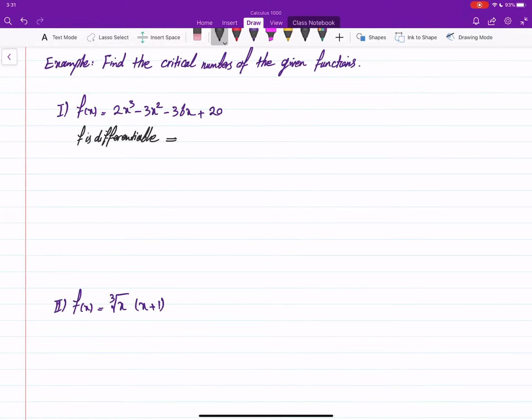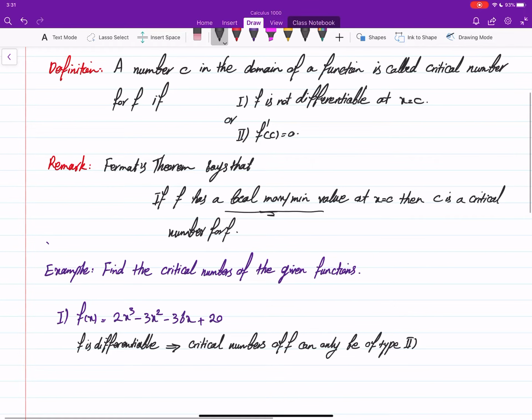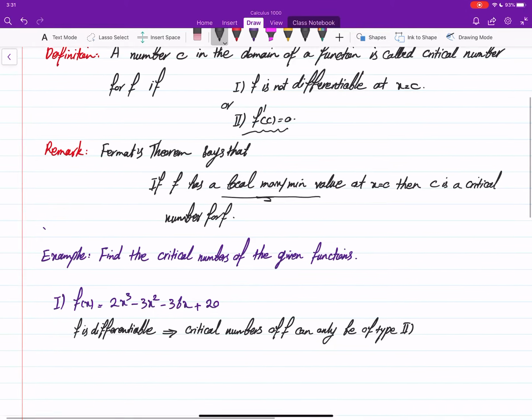So as a result, critical numbers of f can only be of the second type. What I mean is that they will satisfy the second condition.